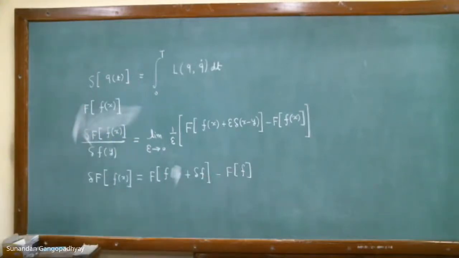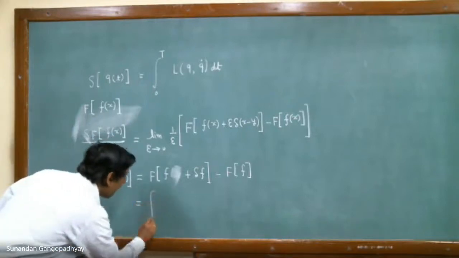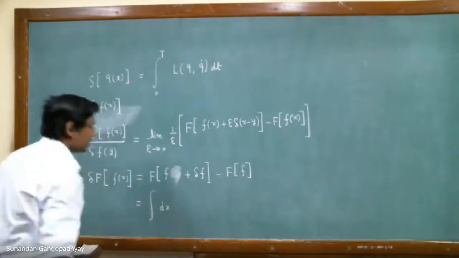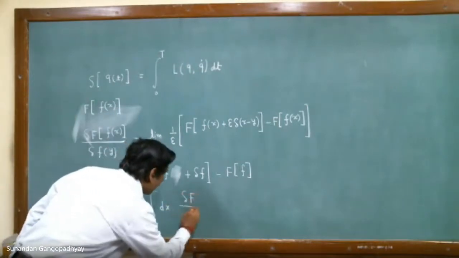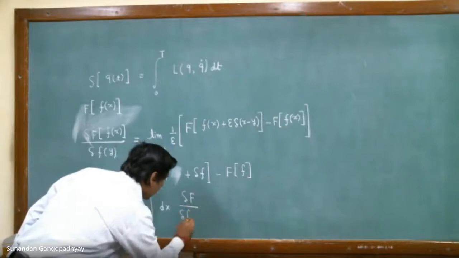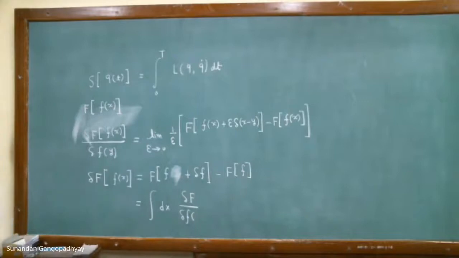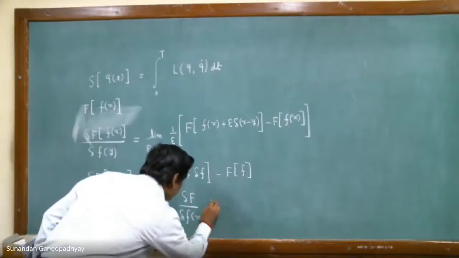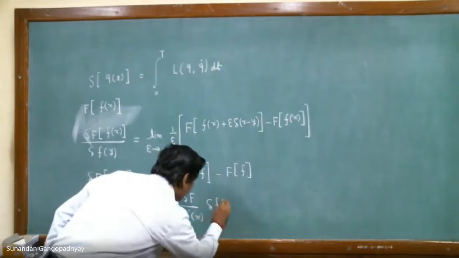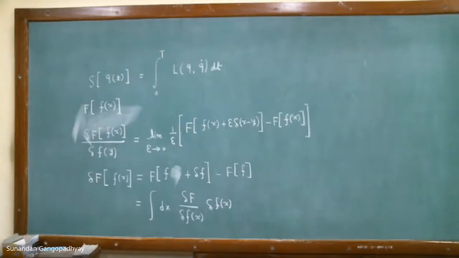But this we can write down as integral over dx delta F by delta f of x delta f. This is how we can write it down.